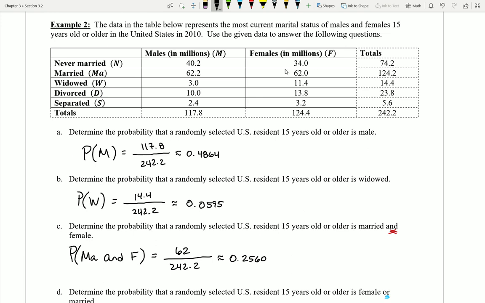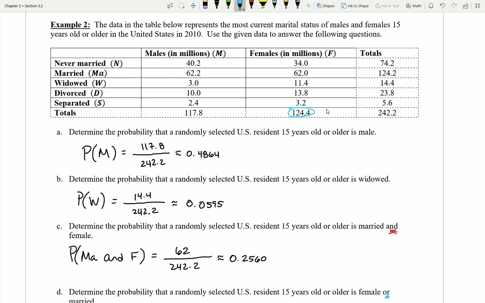They have an overlap. Okay, well, let's see then if we can slowly try to piece through how we could actually write this out. Well, here's one thing that I might note. Wouldn't you agree that I know out of the 242.2 million people, there are 124.4 million females?